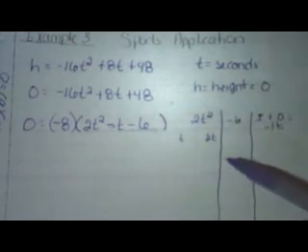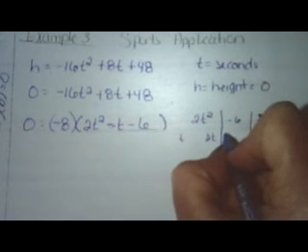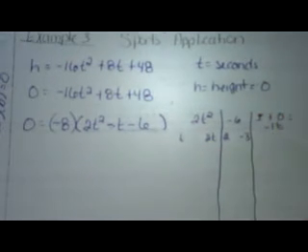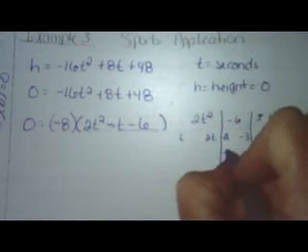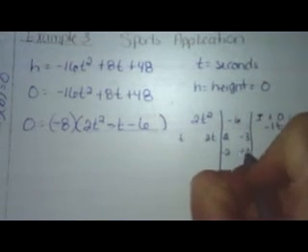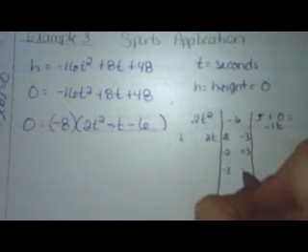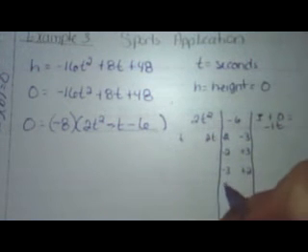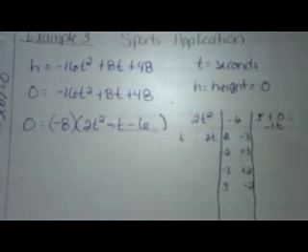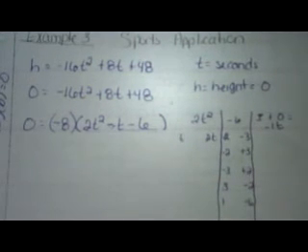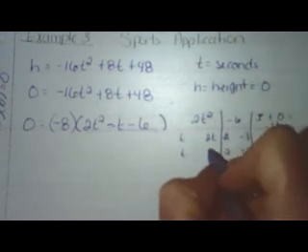What are my factors of negative 6? I could have positive 2, negative 3, or I could have negative 2, positive 3, or I could flip the order and have negative 3, positive 2, or positive 3, negative 2. I could also have positive 1, negative 6, but I'm going to stop right here and try these out before I keep going.